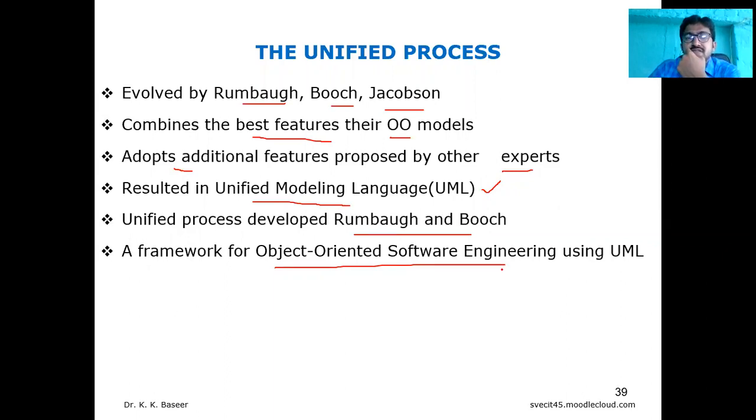For the computer science systems department, there is a separate course called Object Oriented Software Engineering. That's why in this course we combined the software engineering course with OO, that is object oriented. Now this entire course will be designed with the help of the unified modeling language.